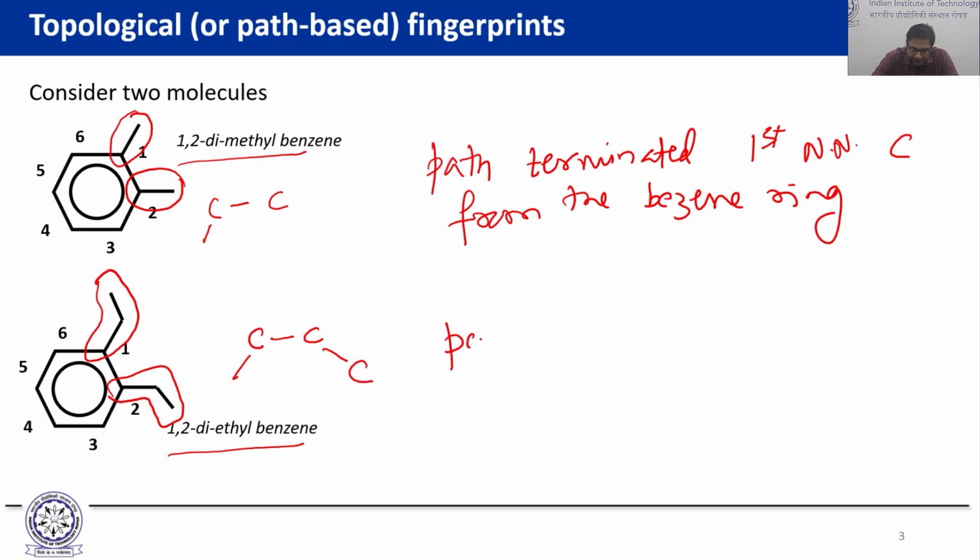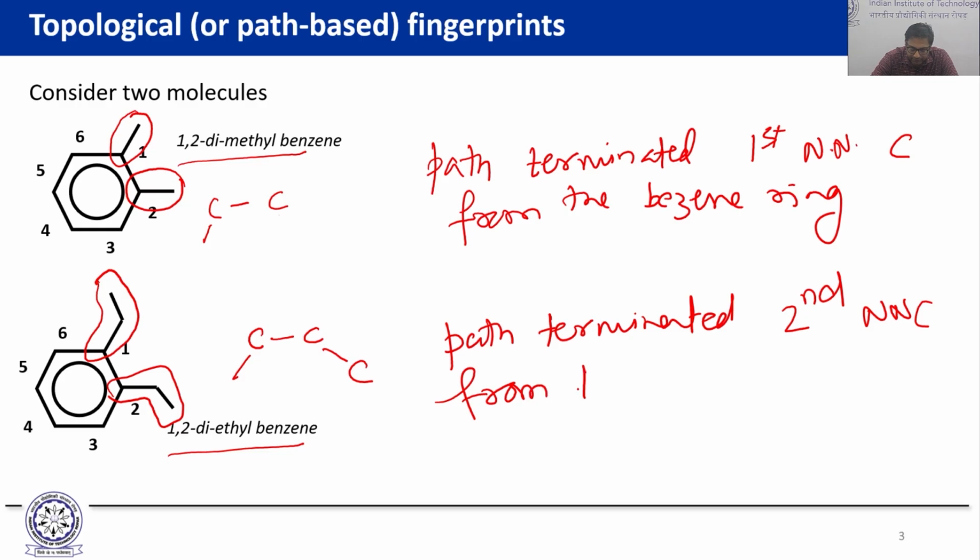In this case, the path is getting terminated, but not at the first nearest neighbor carbon, rather at the second nearest neighbor carbon from the benzene ring. So if you are able to identify these different paths in the molecule, you will be able to differentiate them based on their topological or path-based fingerprints.